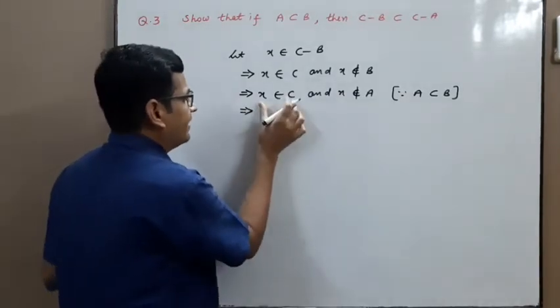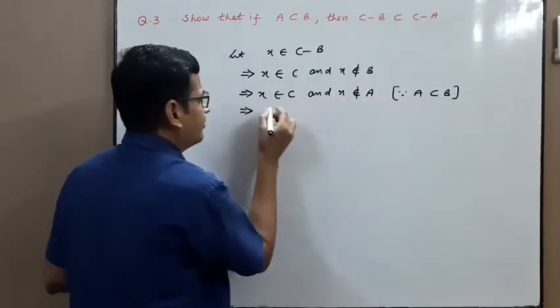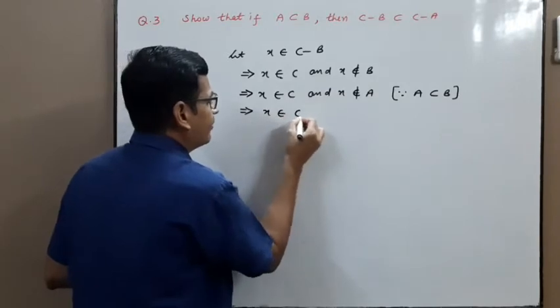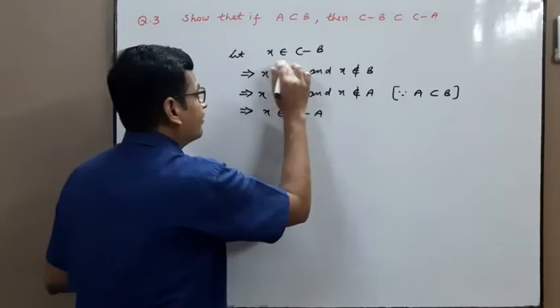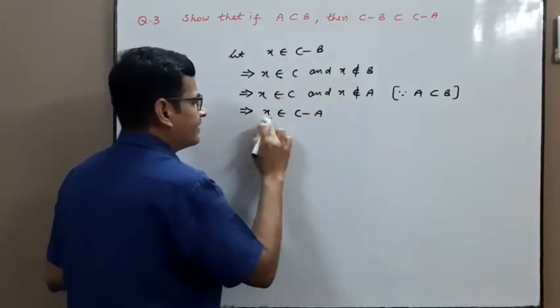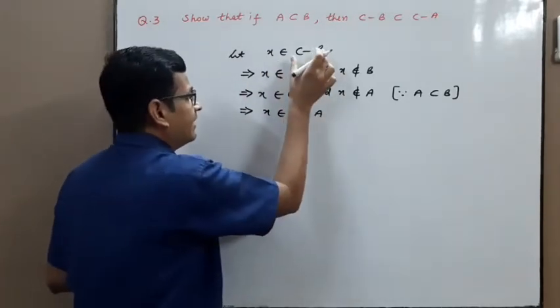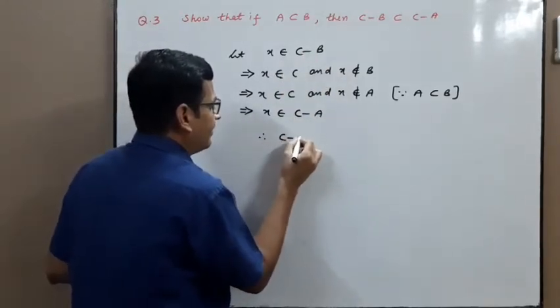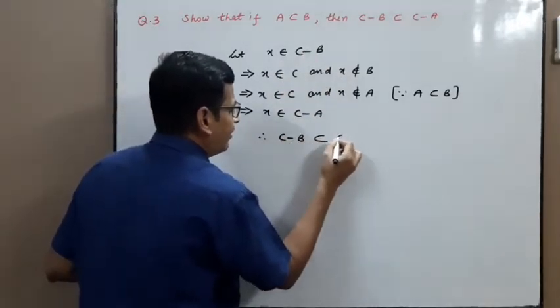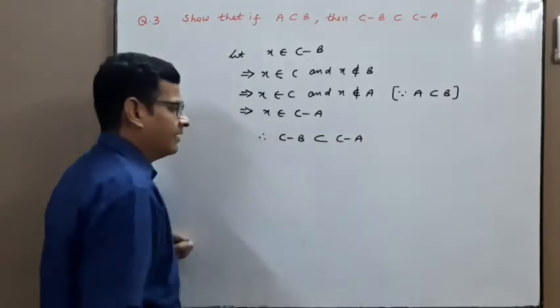And again definition, X belongs to C and X does not belong to A, means X belongs to C minus A. X belongs to C minus B implies X belongs to C minus A, means every element of this set is also an element of this set. Therefore C minus B is a subset of C minus A. Hence proved.